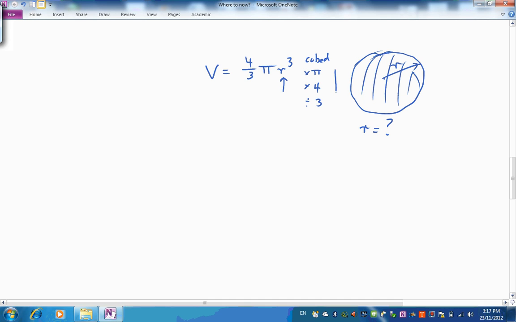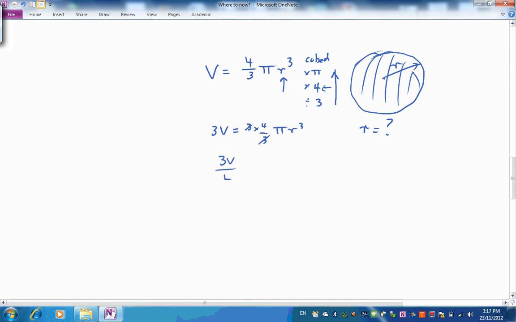So if we want to get an expression for r back again, let's reverse this. Let's multiply both sides by 3. And if we did it over here, let's just check it out. It would cancel. We'd still have pi r cubed. Then we could divide, what's this one here, dividing by 4.